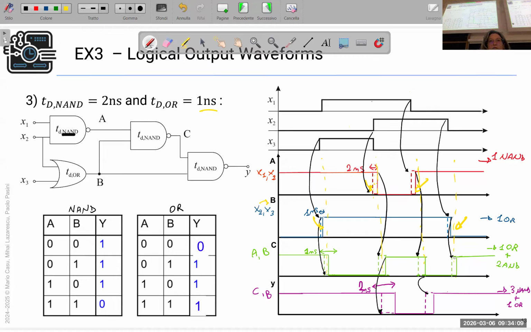But in this case, we have to add also the second NAND of C. So here we have to consider the delay of B, so the OR, the delay of A, so the NAND, and the delay of C, which is another NAND. So we have 2 NAND. It's 2.